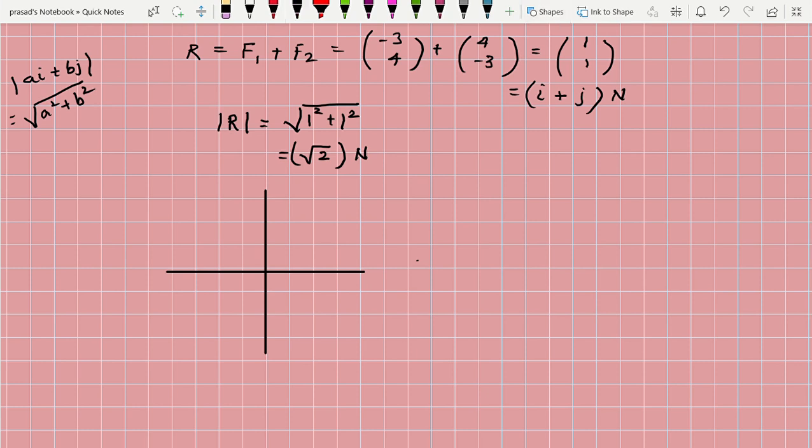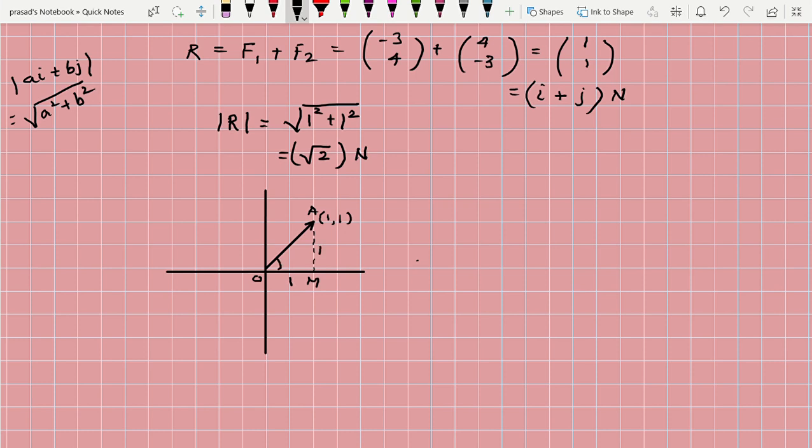Say the vector is this one. Okay, so this is the vector i plus j. Now I will drop the perpendicular here. So since the vector is i plus j, the coordinates of this point will be (1, 1). So suppose this is A here, this is M here. So OM will be 1, AM will be 1.